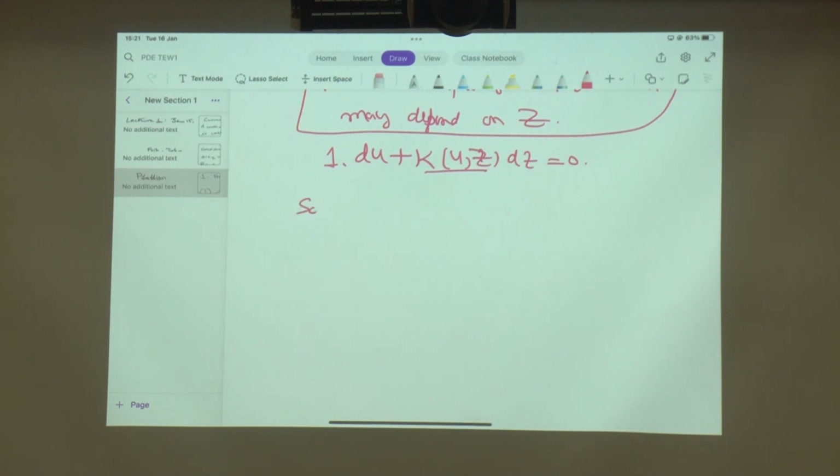So solutions to du plus k of u comma z dz equal to 0 are given by some function phi of u comma z equal to constant.